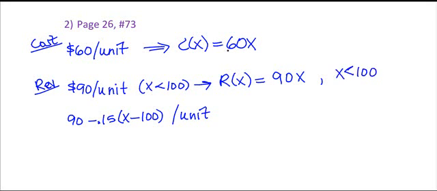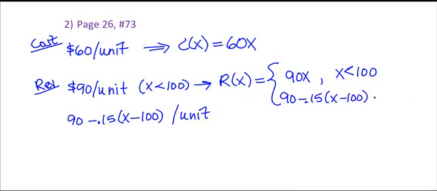But, in fact, let me put it like this. Sorry about that. I wanted to make that a bracket because this is really a piecewise defined function. It's equal to 90x for x less than 100, but then it's equal to 90 minus 0.15 times x minus 100, times x if x is greater than or equal to 100.